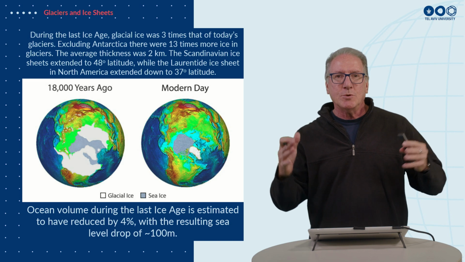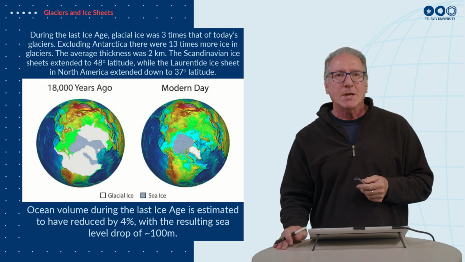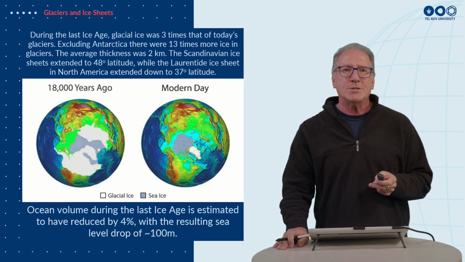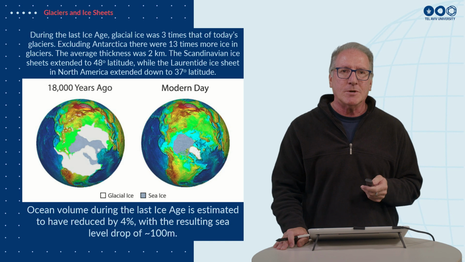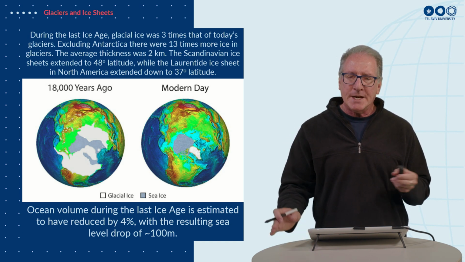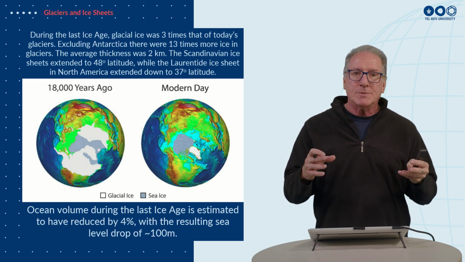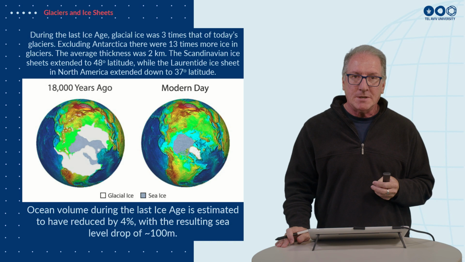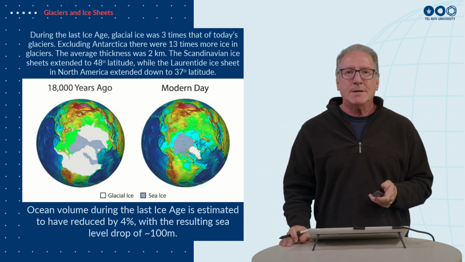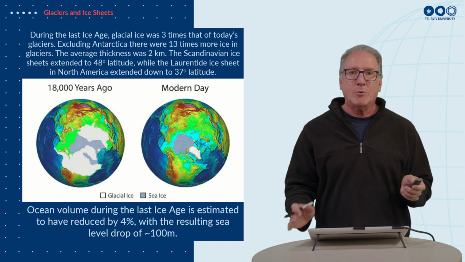So we had two additional big ice sheets back then, the Scandinavian ice sheet, which went down to about 48 degrees in Europe, and the Laurentide ice sheet, which went down to 37 degrees in Canada and the United States. And as I mentioned, because the ocean volume dropped by 4% 20,000 years ago, because we had so much ice on the land, the ocean sea level went down by 100 meters everywhere around the globe.